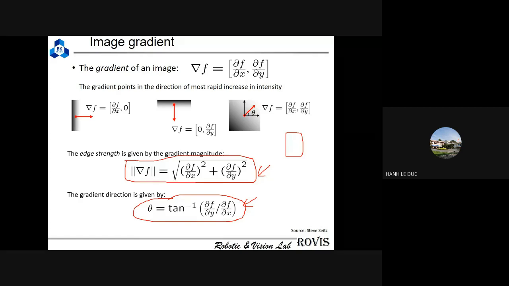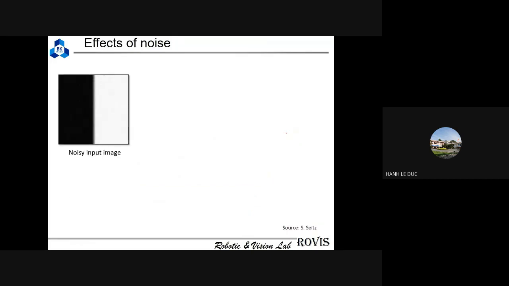How can it reduce? Okay, let's go. This is a real example. First example, we have a noisy input image like this. Why is this noisy?